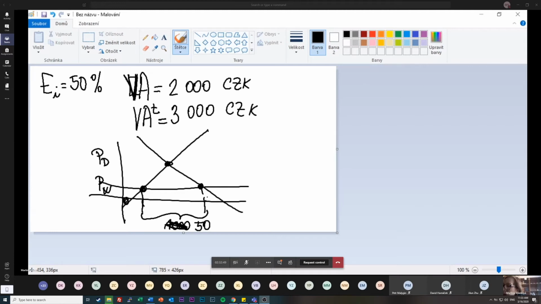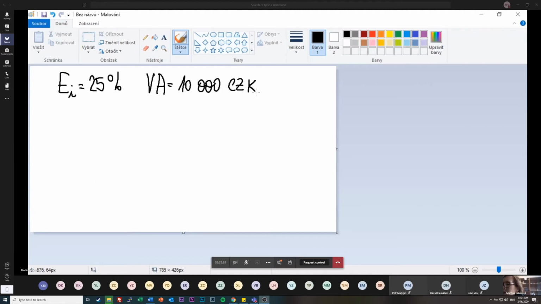Let's go to number 12. Similar again. So if the effective tariff protection rate is 25%, the nominal tariff is 10%, and value added of the clothing production before tariff imposition was 10,000 Czech crowns. So again, the question is that after the tariff imposition, the value added was increased by 25%.